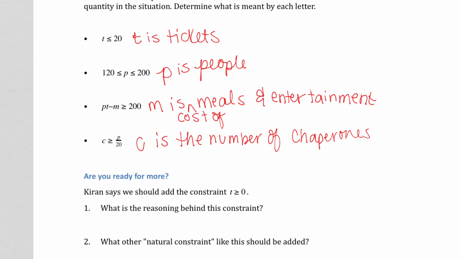All right. Are you ready for more? Kieran says we should add the constraint T is greater than or equal to 0. What was T again? Tickets. So that would be like the cost per ticket, right?